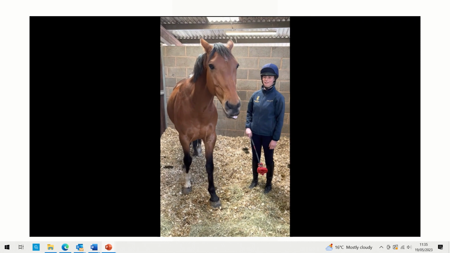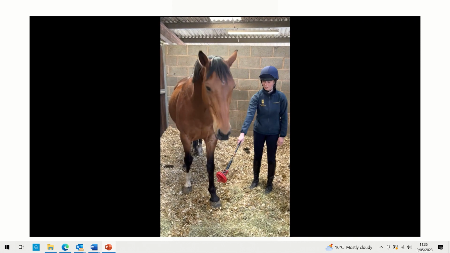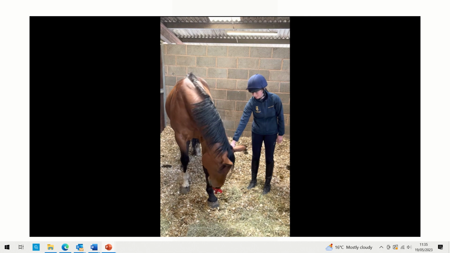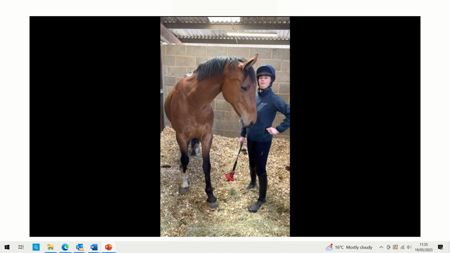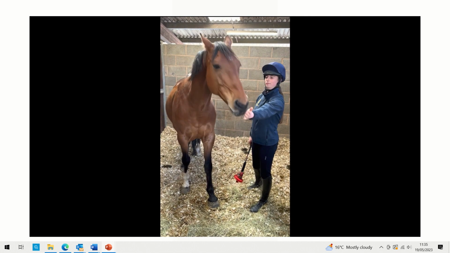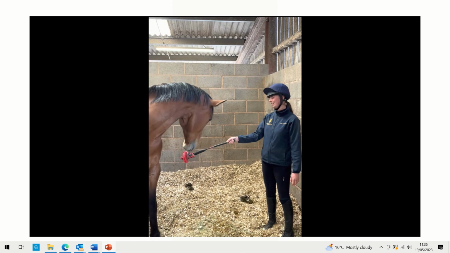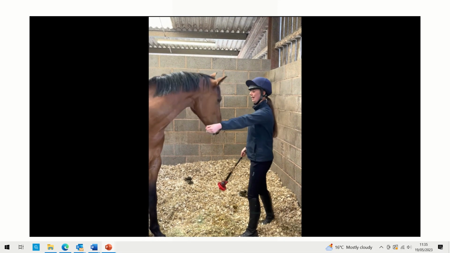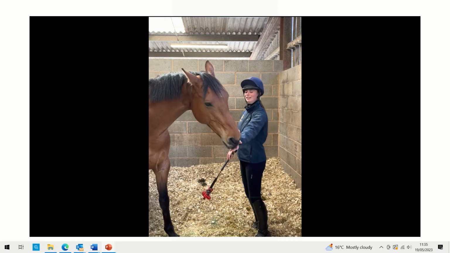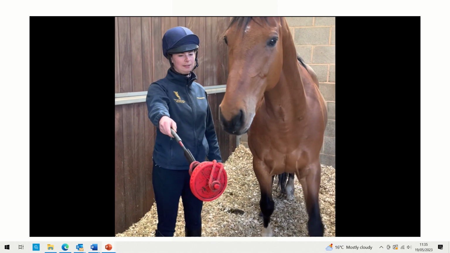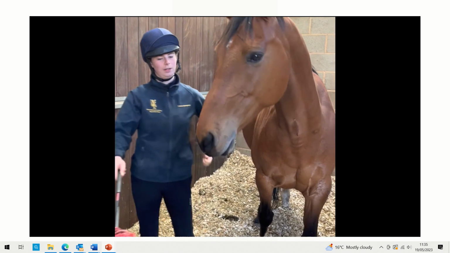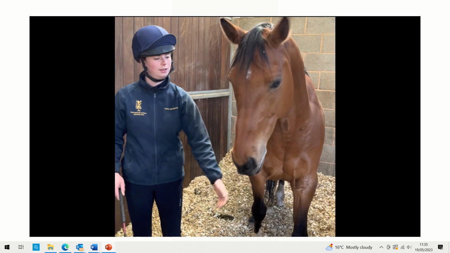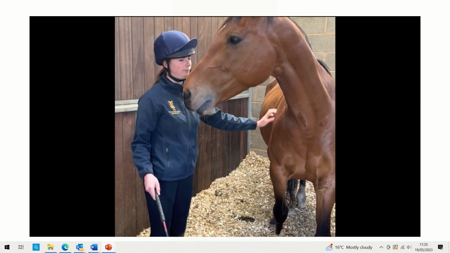Because this horse picked it up so quickly, I went into his stable and I used the same method but put the target in different places to kind of ask more questions and get him to use his brain a little bit more. He was very clever and picked it up pretty quickly.